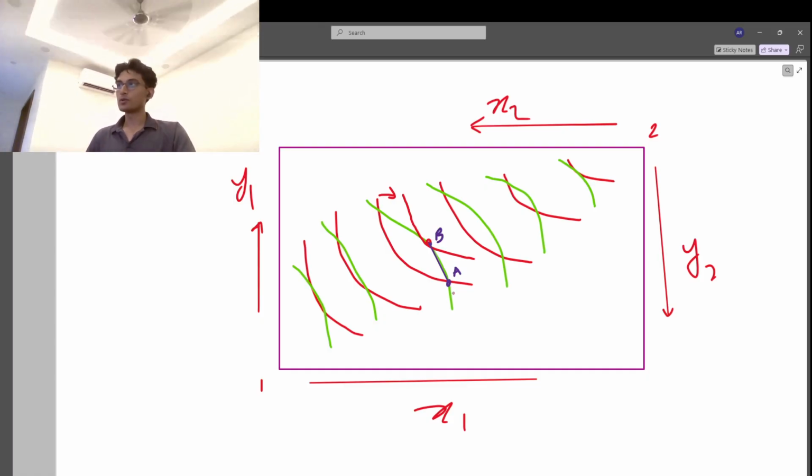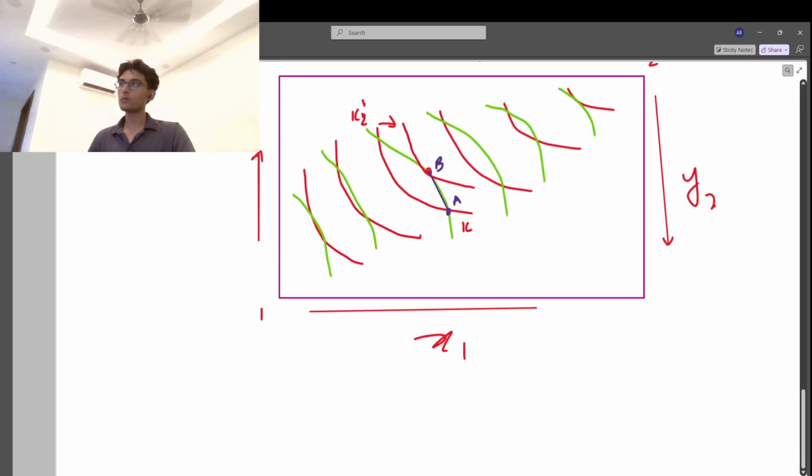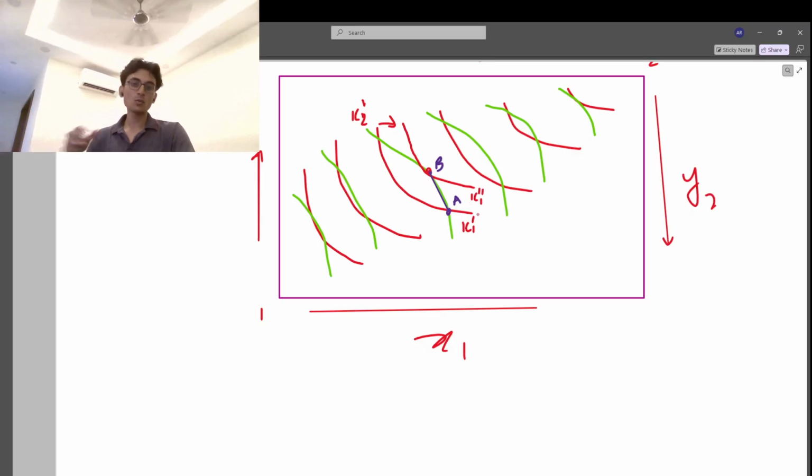Individual two remains on his IC, IC2 dash, but individual one moves from IC1 dash to IC1 double dash.